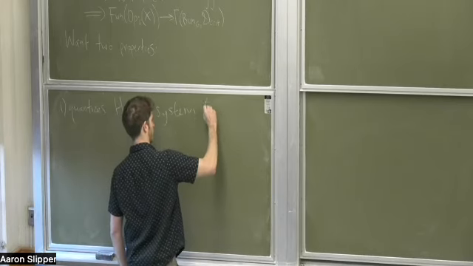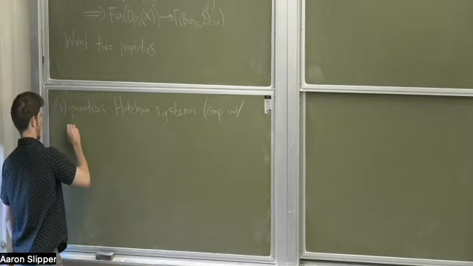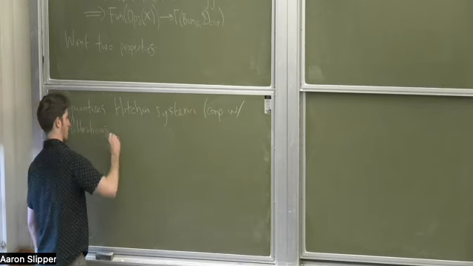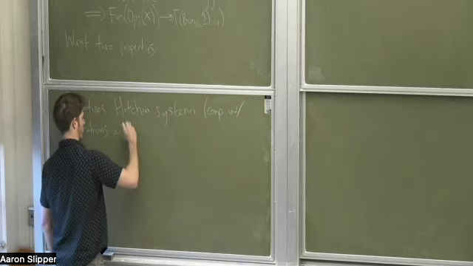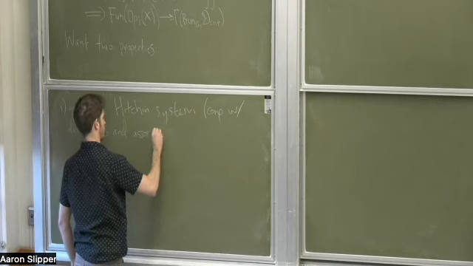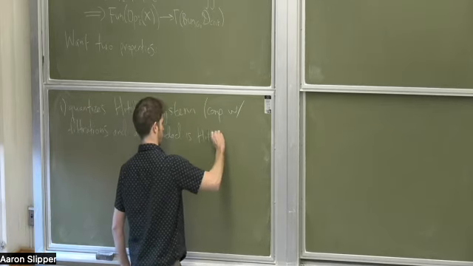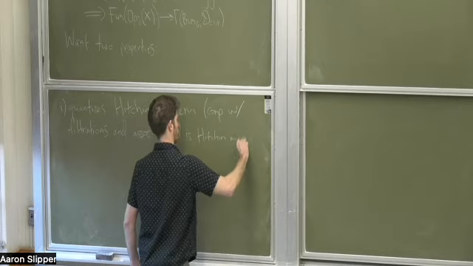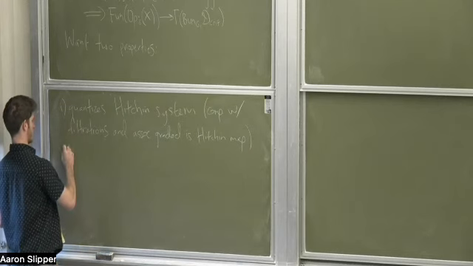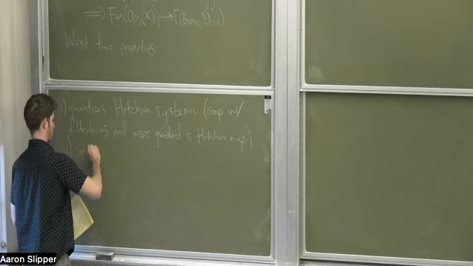In other words, it's compatible with the filtrations on both sides, the associated graded being the Hitchin map. I'm not really going to focus on this so much. I really am going to focus more on property 2, which is the compatibility with geometric Satake.